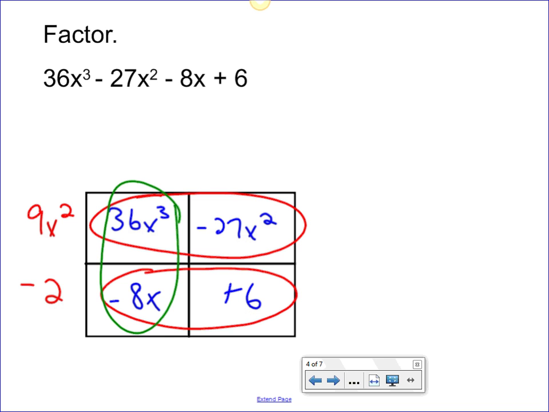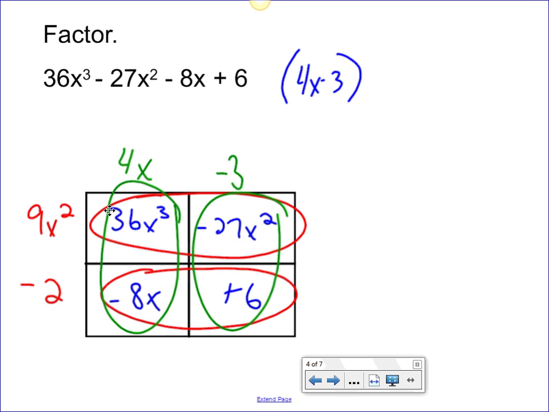If I look here, I would see that I've got a 4 and an x common. If I looked here, I could see that I have a 3 common, but since the 27 is negative, I'm going to make it a negative 3. So my two factors would be 4x minus 3 times 9x squared minus 2.